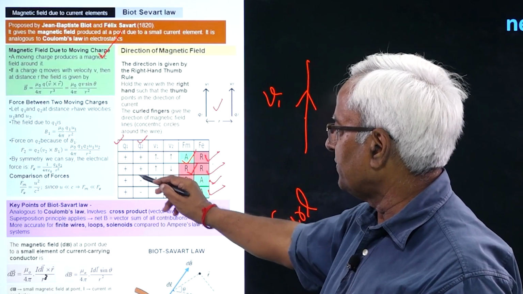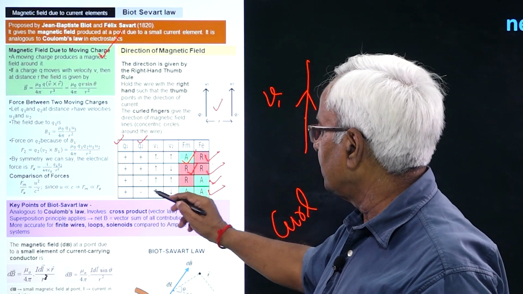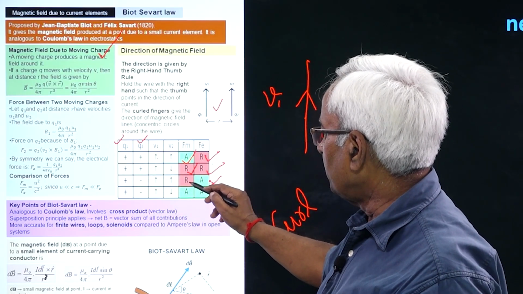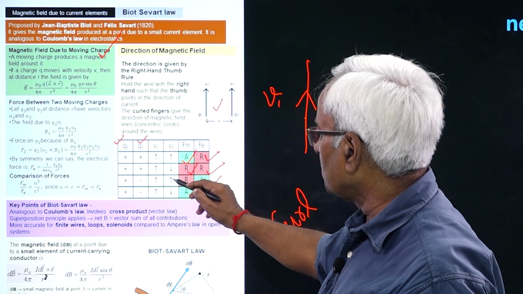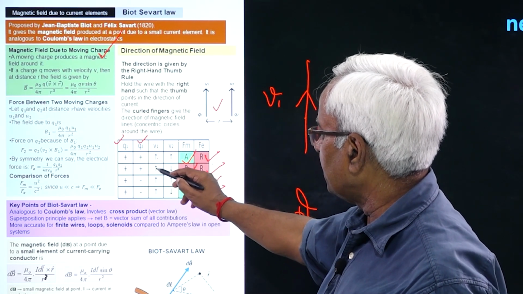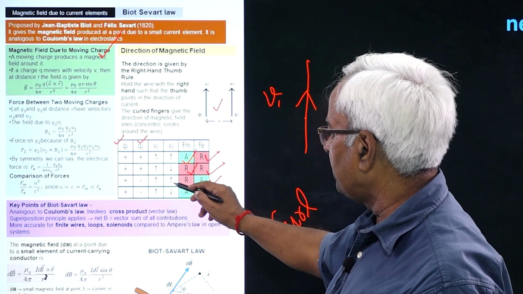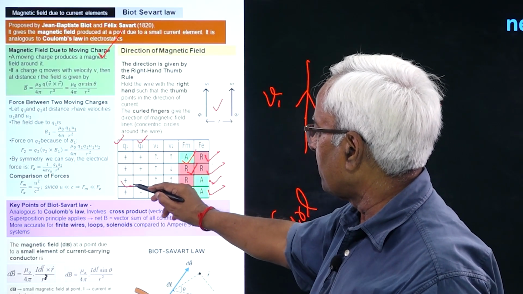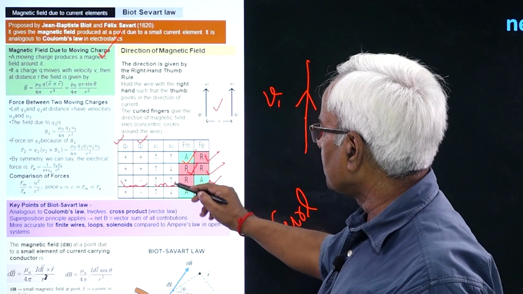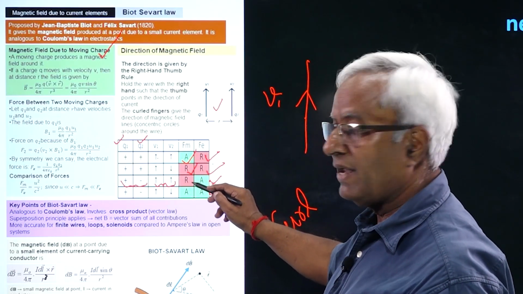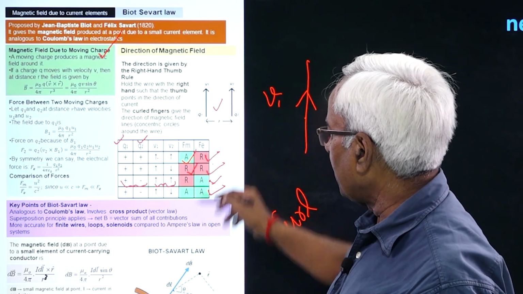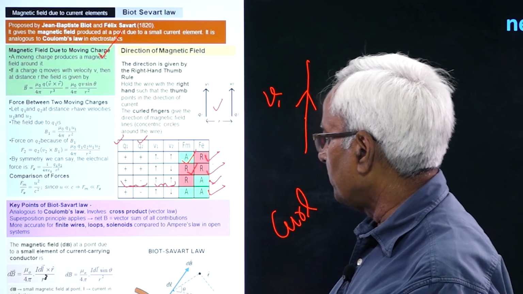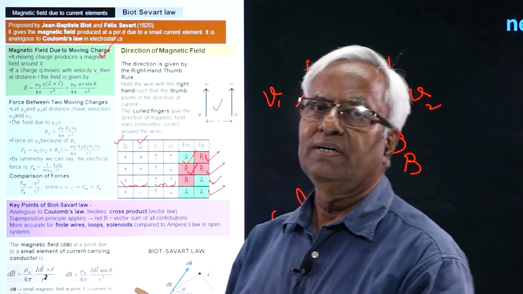Again, if I change the sign of charges, the force will change. But here I have changed both the sign and the direction. Two changes have occurred in this row, that's why it is not affected. And likewise, you can have this result. Different possible cases have been shown over here.